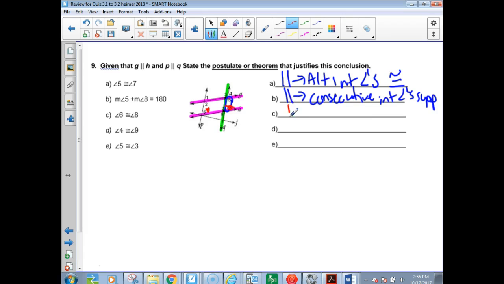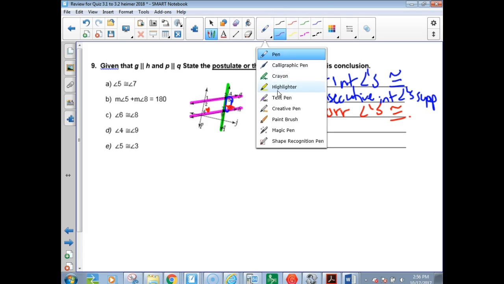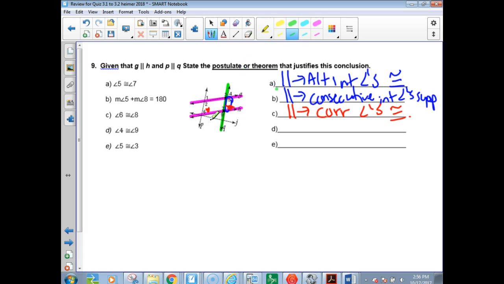They're congruent because parallel lines imply corresponding angles congruent. I was hearing some incorrect answers, so I want to clarify for you. Not yelling at you, I just want to clarify. Let me explain too that that was between these parallel lines right here, P and Q, those two.